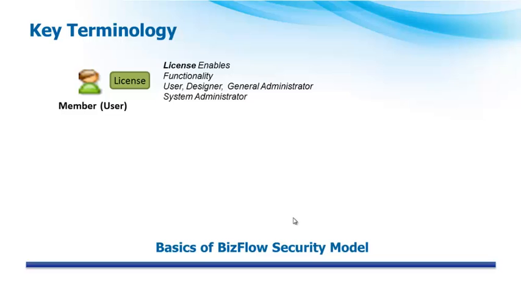So a given user can have all 4 licenses associated with their member profile. Now, it's not typical for a member to have both a general administrator license and a system administrator license. Those are usually separated because of the type of functionality that those 2 types of licenses enable.